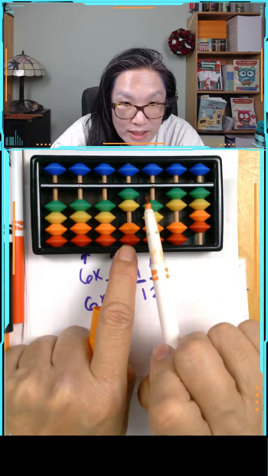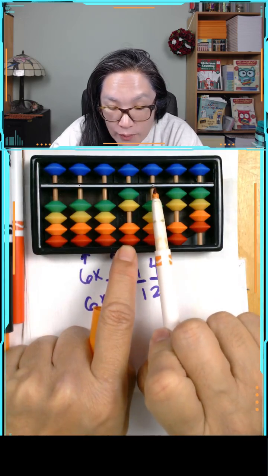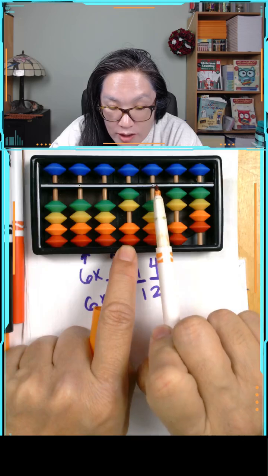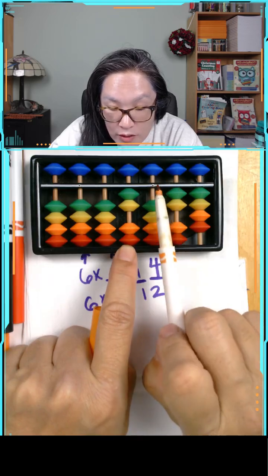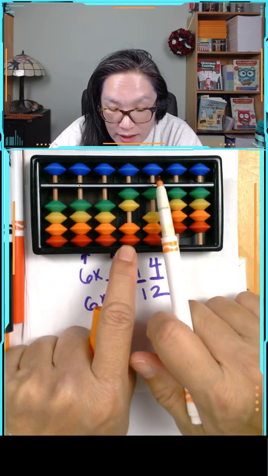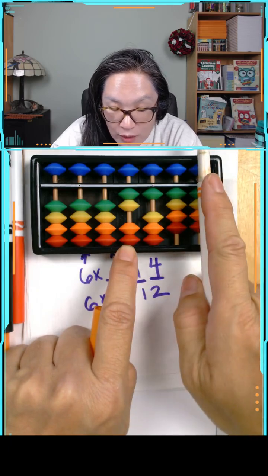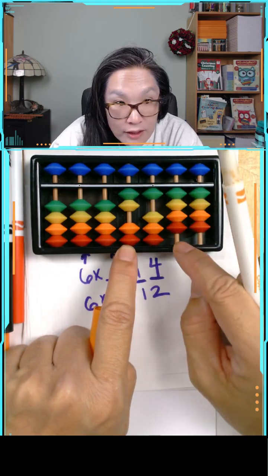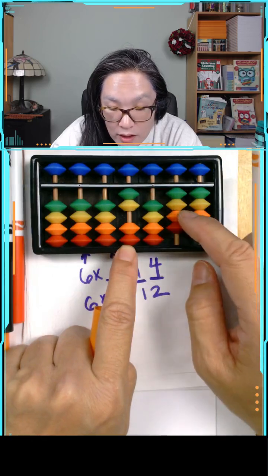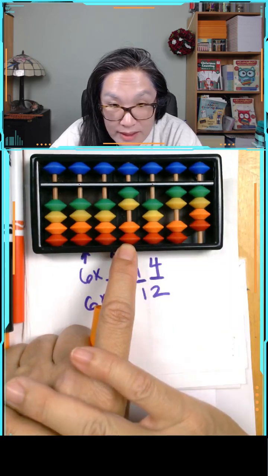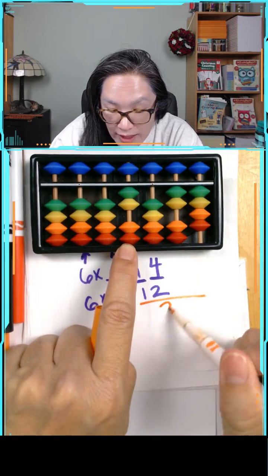I took away 12 here. I take away 1 because I had 14. We're not looking at that. We're doing 1 and then 4. So we have 1 and then take away 2. Does that make sense? So our answer is 2.